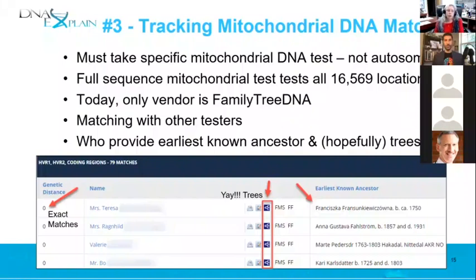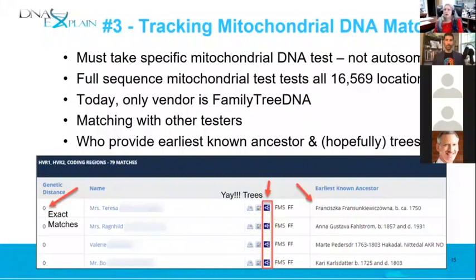I tend to ignore, and I should say at my own peril, HVR1 and 2 matches. Those tests aren't offered anymore, and thankfully, because they're not terribly relevant, because there's a lot more mutations in that HVR1 and 2, and only full matches, meaning no mutations, are counted.